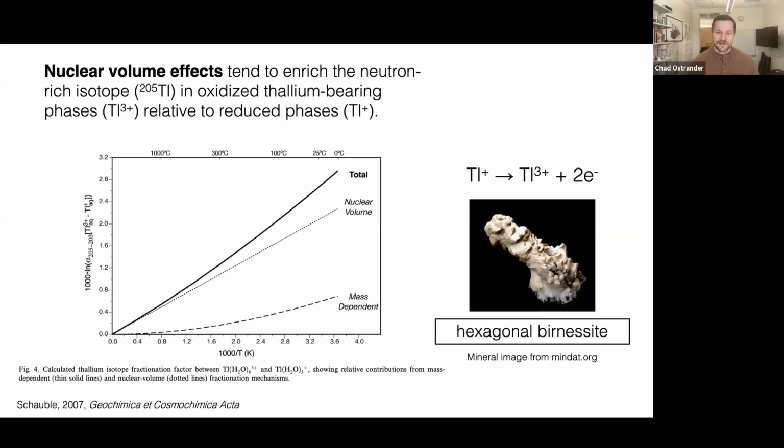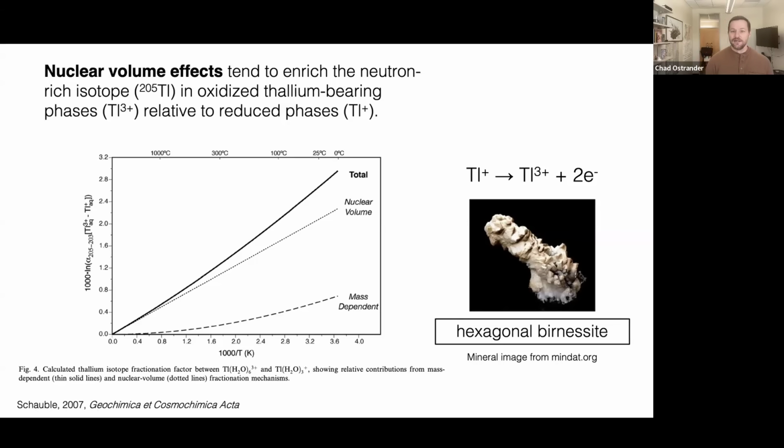You shouldn't expect a lot of fractionation, all things being equal, but nuclear volume field shift effects associated with the large size of the thallium nucleus can drive fractionation effects that are much larger, in this case on the scale of tens per myriad. In order to do this, it helps to have thallium redox reactions take place.